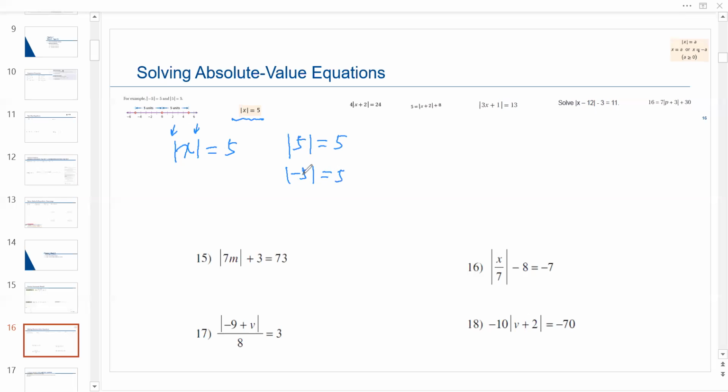The absolute value is the opposite of the inside when the number inside is negative. When the number inside is positive, it equals itself. When the number inside is 0, of course it equals 0. When the number inside is negative, after the absolute value it becomes positive, the opposite of this negative number, right?